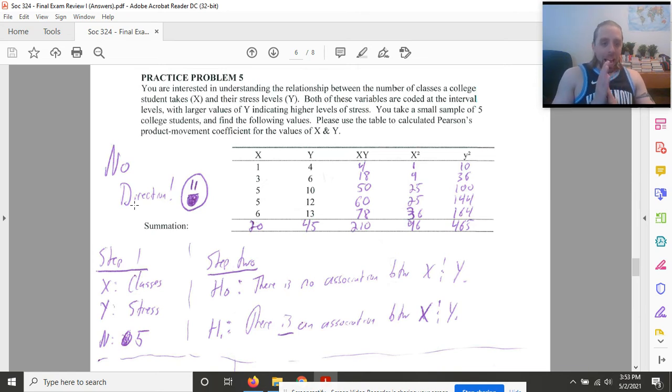So as X increases, Y can do one of three things. It can also increase, it can decrease, or nothing can happen. So the fact that there's no directional hypothesis here makes this simple. H0 is that there is no association between X and Y. H1, there is an association between X and Y.